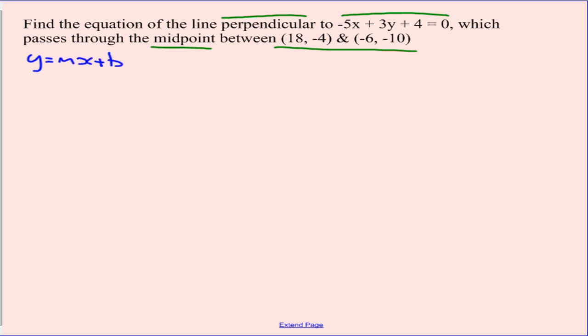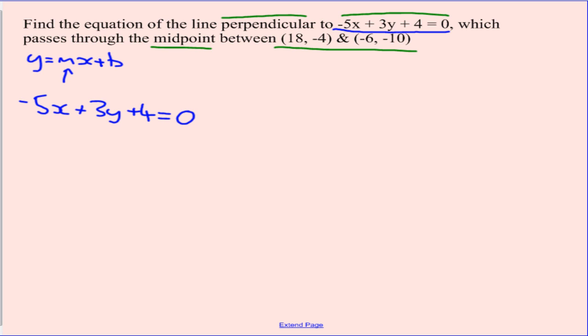This form can tell us a gradient just by looking at the number before the x, and we have an equation to start with, so we're going to need to make our general form equation look like our gradient intercept form. So let's go ahead and rearrange that. We have negative 5x plus 3y plus 4 equals 0.